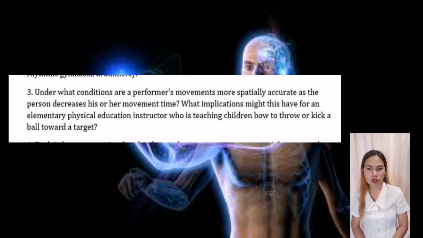This invariant feature, relative timing, would be very helpful for the elementary physical education instructor to teach students how to throw or kick a ball toward the target, because when teaching this task, we need to perform it at different speeds for students to study the movements very well.